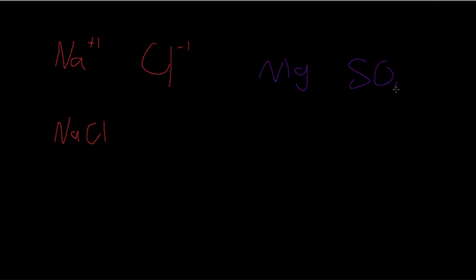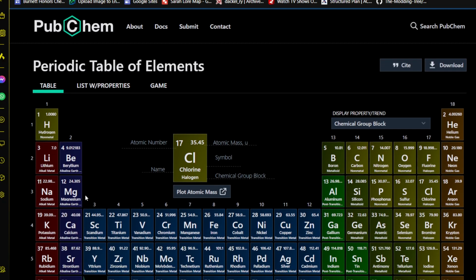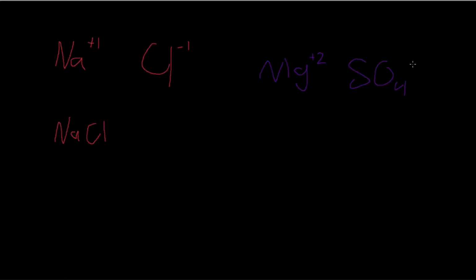So it's SO4, and magnesium has a +2. Sulfate is a -2. Those two cancel each other out, and you're left with just MgSO4, magnesium sulfate.